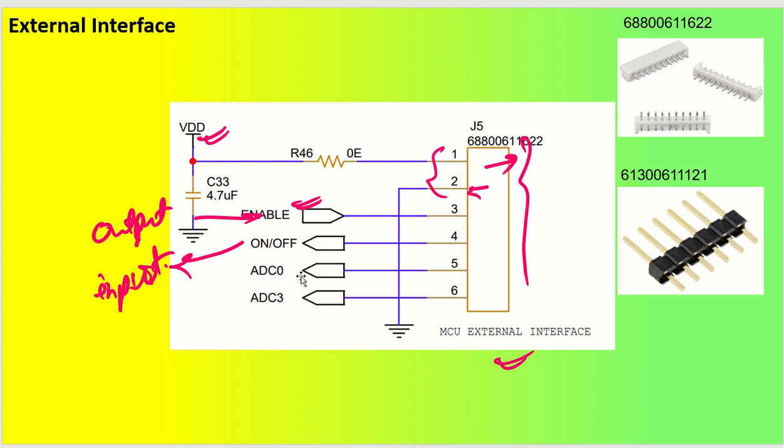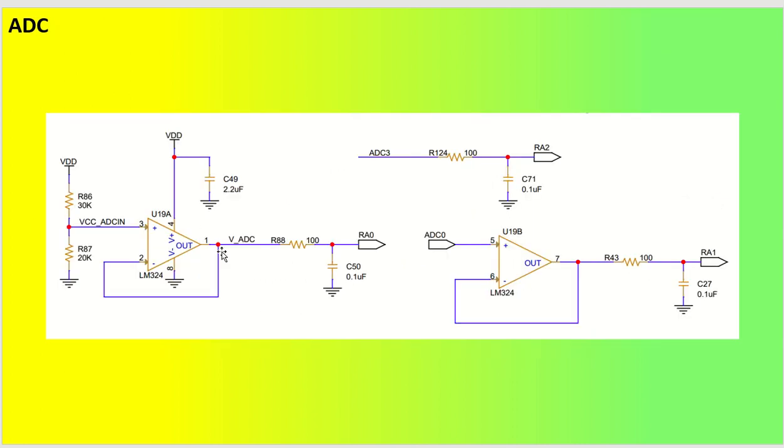ADC0 is one of the signals that has to be measured from the board. So this board requires ADC0 measurement and ADC3 measurement, which are voltage levels that have to be measured here. What I have done is I have taken ADC0, and this goes through a buffer and then to RA1.